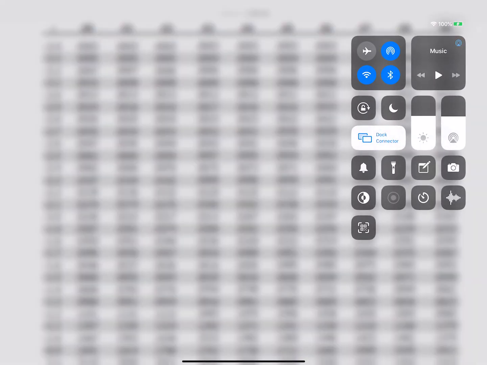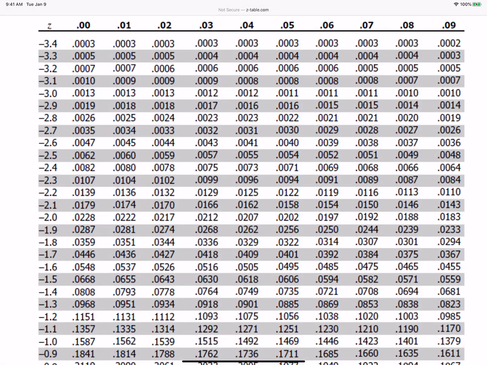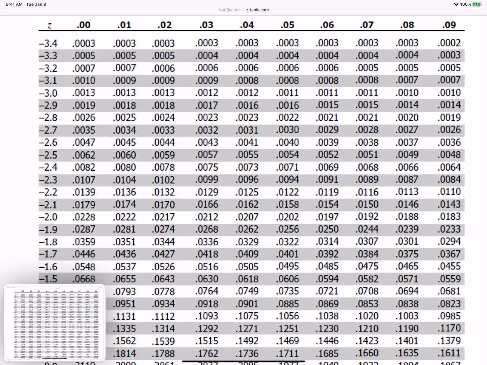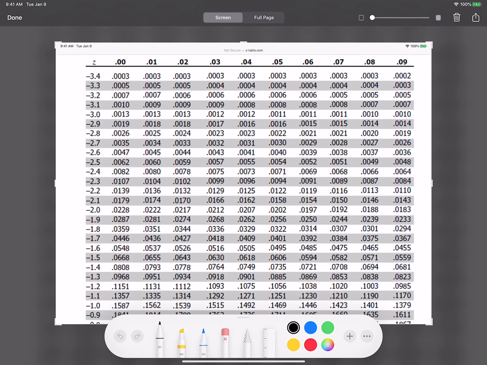You know what I can do? I can take a screenshot. I think I can do that. I'll take a screenshot. There we go. So I took a screenshot. So now what we'll do, don't laugh at me and say I'm old.